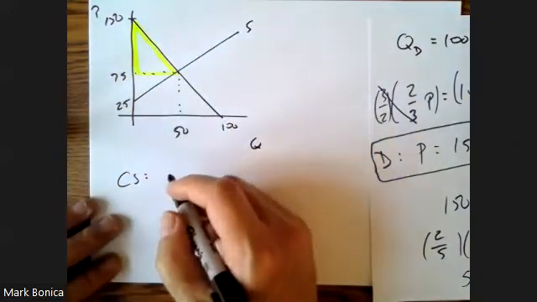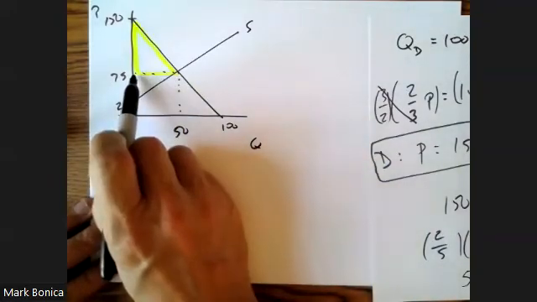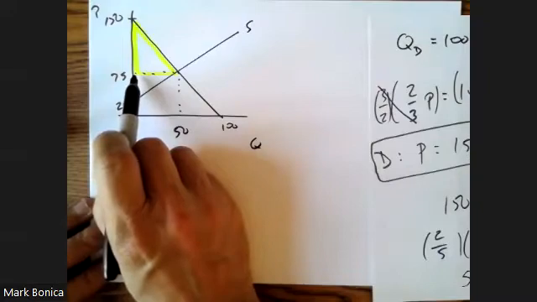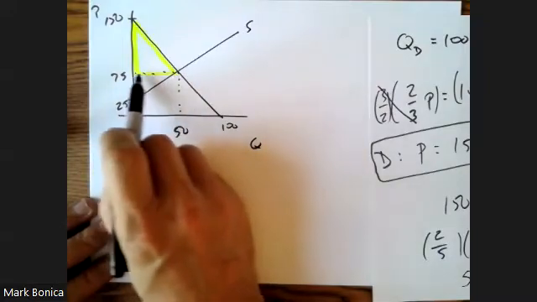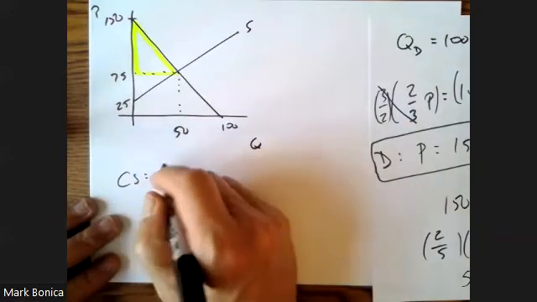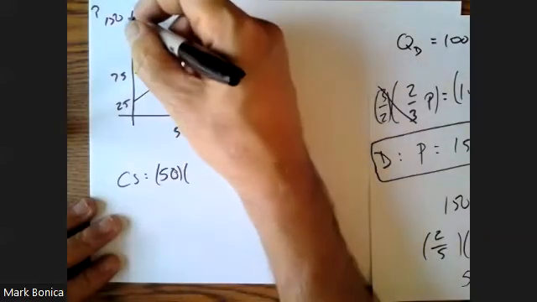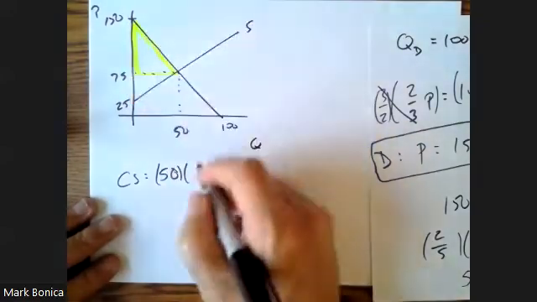So we want the base, which is the price line becomes the base of the triangle, and it goes out 50. So base times height. Height is 150 minus 75.